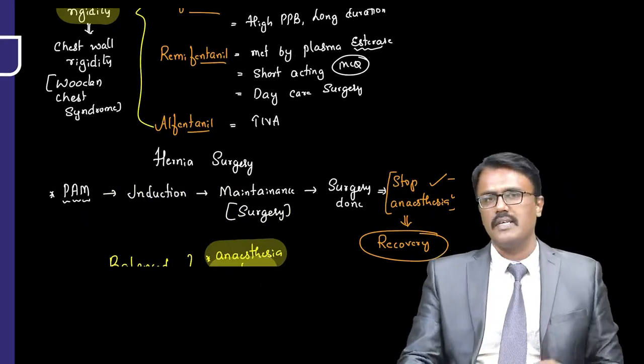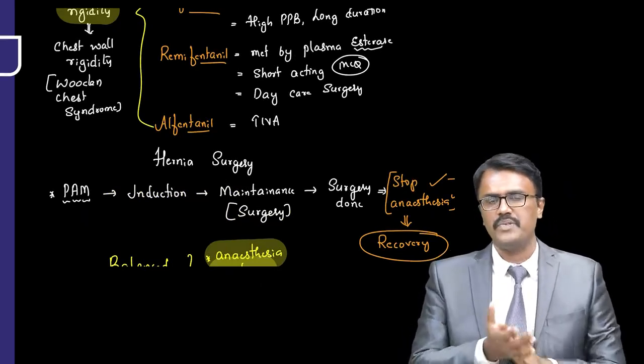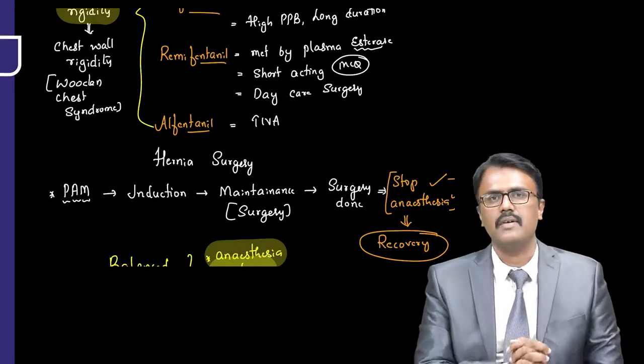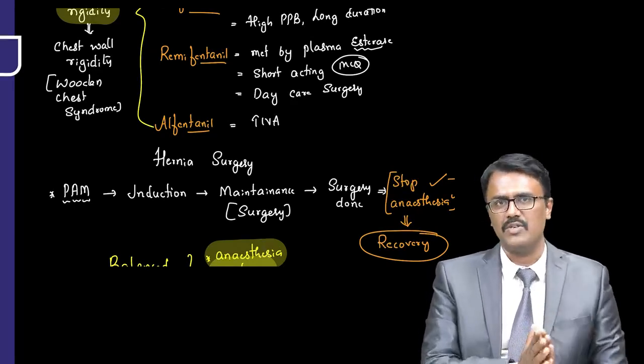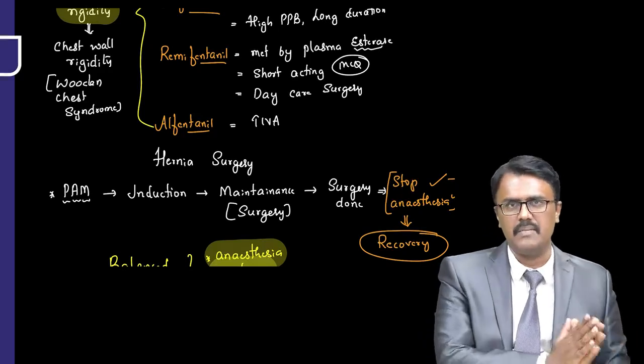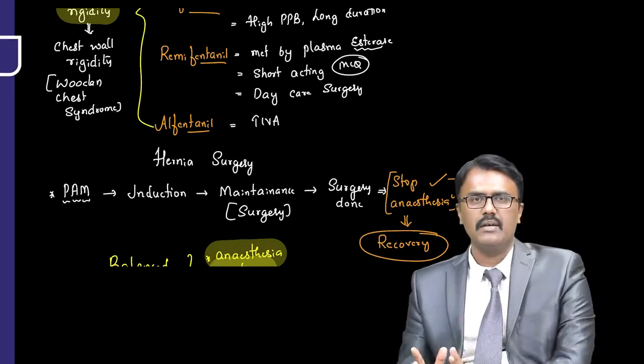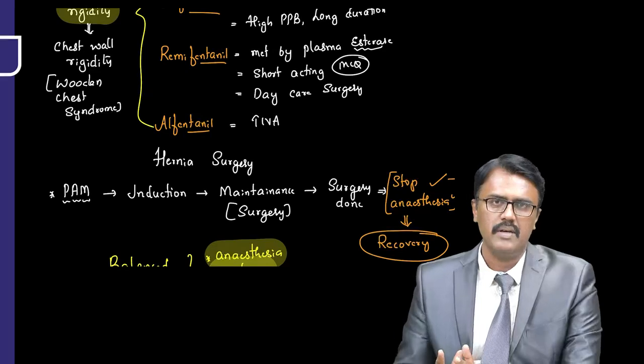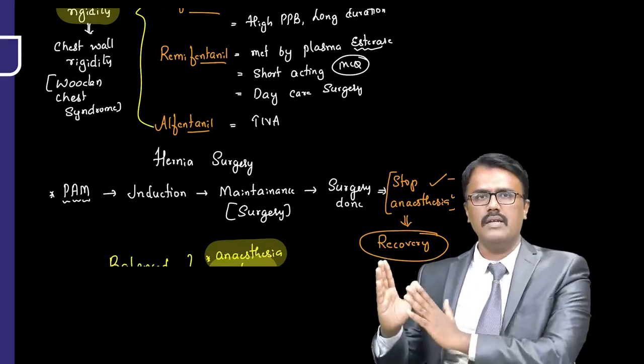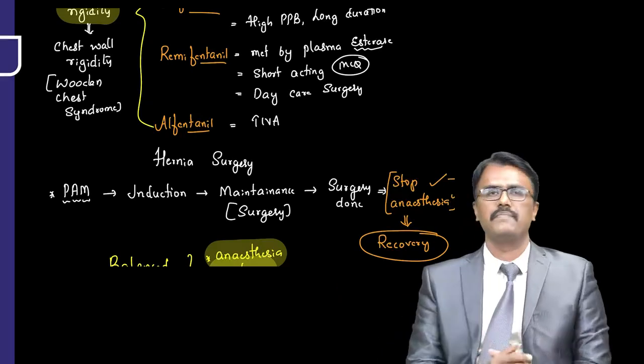So this is about general anesthesia. I took the example of hernia surgery and told you how it is done. We give pre-anesthetic medication, then inducing drugs and maintenance drugs. Surgery is done during the maintenance period. Once surgery is over, anesthesia is stopped and the patient will recover.